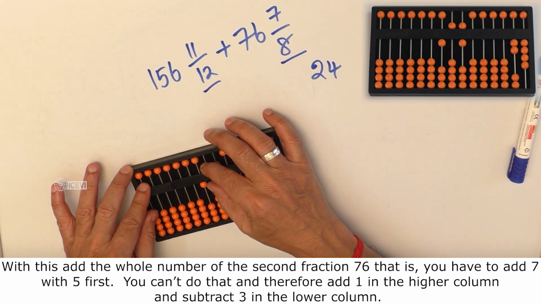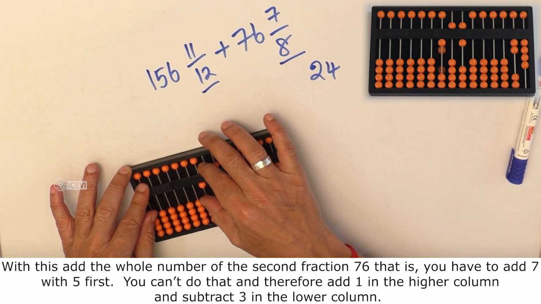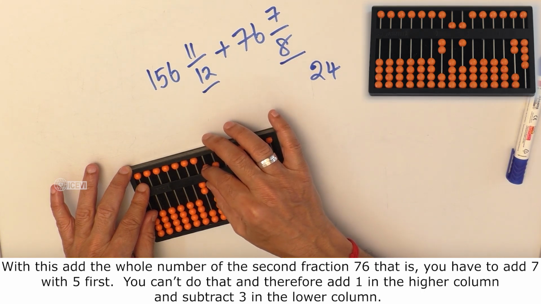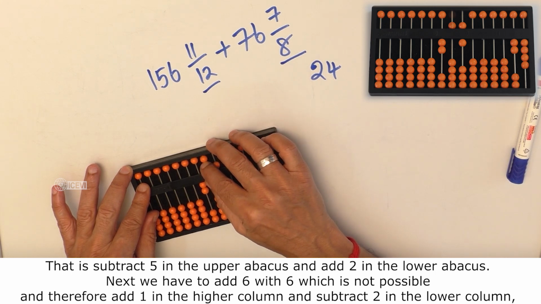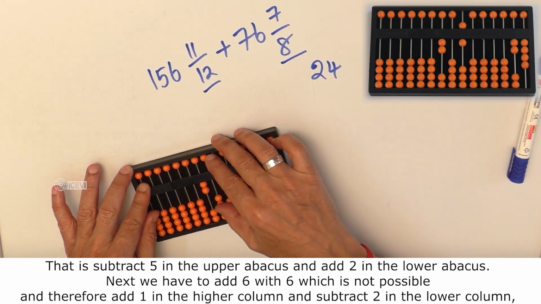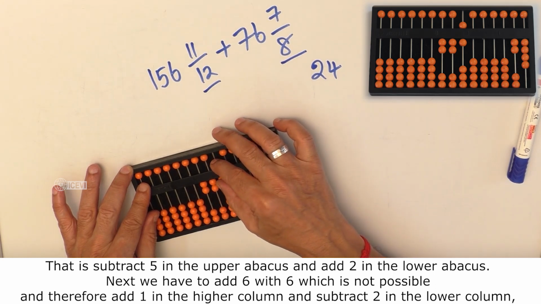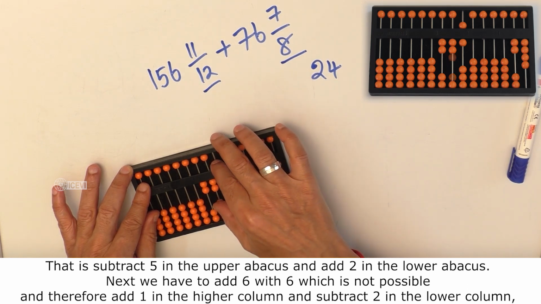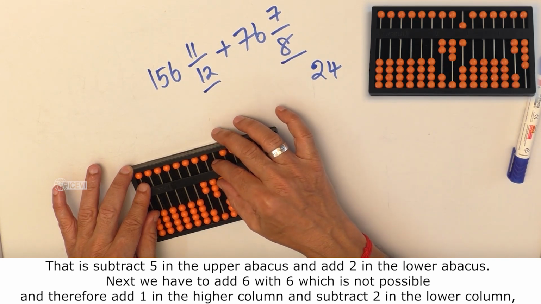You can't do that, and therefore add 1 in the higher column and subtract 3 in the lower column. That is, subtract 5 in the upper abacus and add 2 in the lower abacus. Next, we have to add 6 with the 6, which is not possible, and therefore add 1 in the higher column and subtract 2 in the lower column.